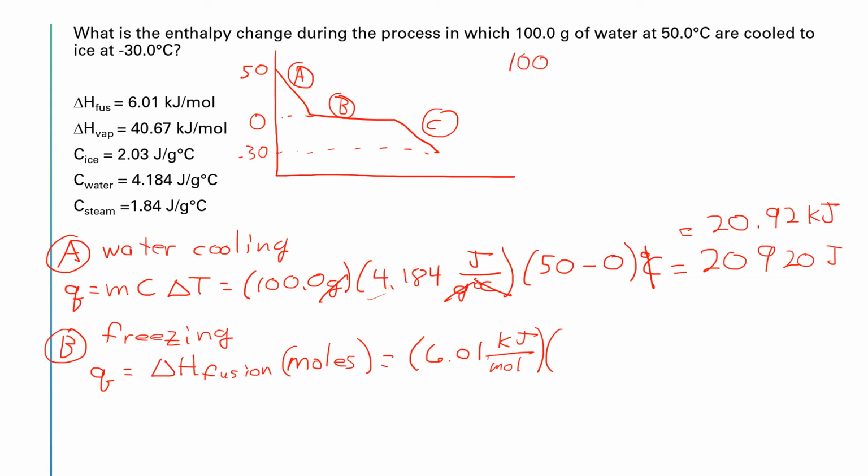If I have 100 grams of water, to convert that to moles, I'll put the molar mass down in the bottom, which is 18.02 grams for every 1 mole of water. And so 100 divided by 18.02 is going to give me 5.55 moles.